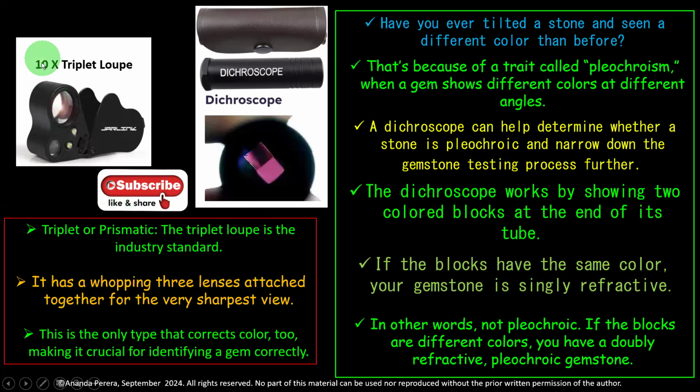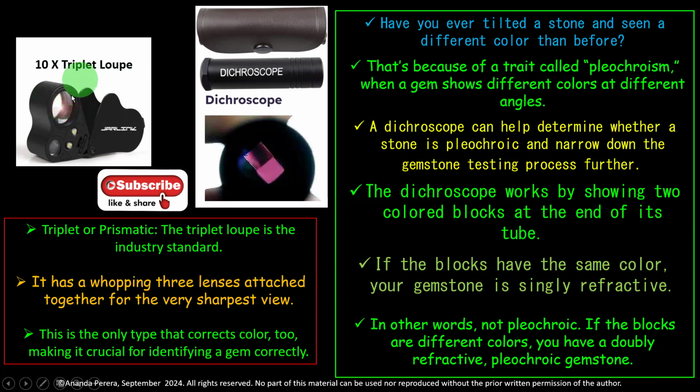It is a 10x triplet loupe. The 10x triplet loupe is a very useful tool in gemology. When we observe the gemstone through the 10x loupe, inside this 10x triplet there are 3 lenses to give color correction.